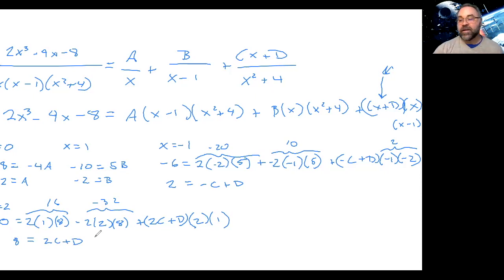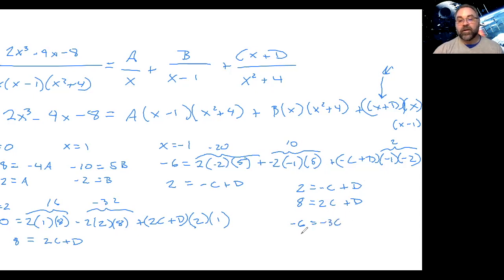Now we have a system of 2 equations with 2 unknowns. We've got 2 equals negative c plus d, and I've got 8 equaling 2c plus d. So really, if I just subtract them, you can see that I would get 2 minus 8, negative 6, negative c minus 2c, negative 3c, no d.